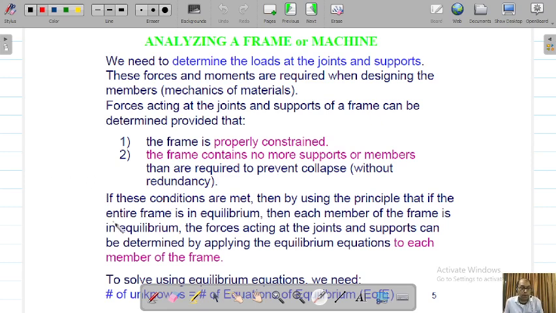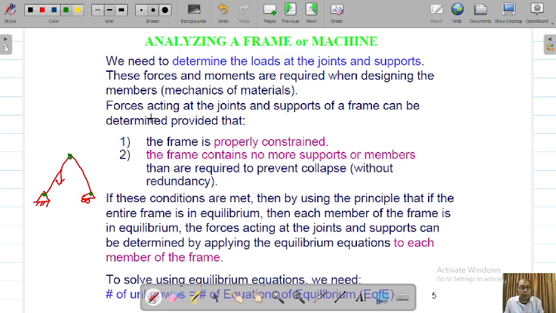For example, if you have a frame with some sort of load acting, and on one side we have a pin and on another side a roller or a pin, we have to analyze this point, this point, and this point.